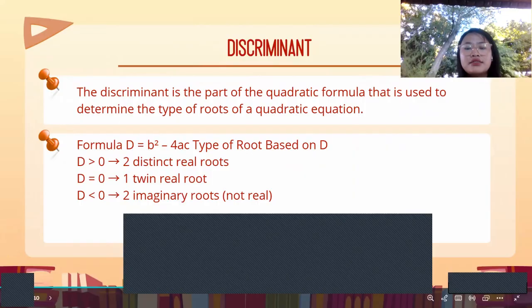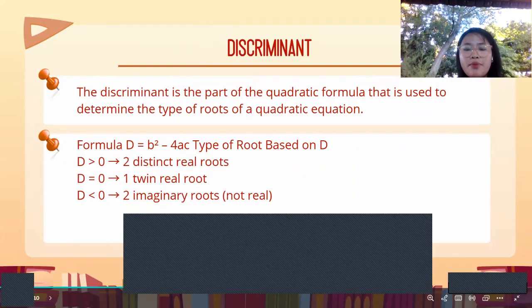Next, let's discuss the discriminant. The discriminant is the expression b squared minus 4ac. It helps us determine the types of roots of a quadratic equation.